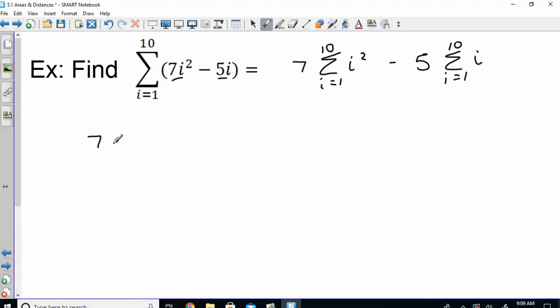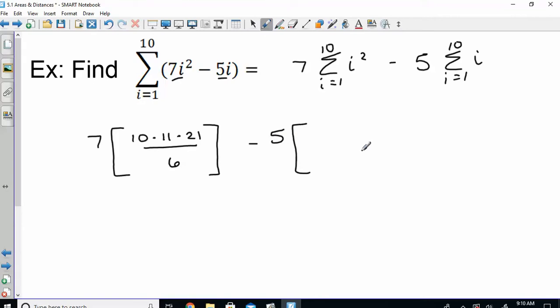So then we use our formulas. The i squared is n, which was 10 again, times n plus 1, which is 11, times 2n plus 1, so 21, over 6, minus 5 times your sum for i, so n times n plus 1 over 2. On the test or quiz, unless the numbers are really easy to work with, I'd probably just tell you to set it up like this and let you stop there.